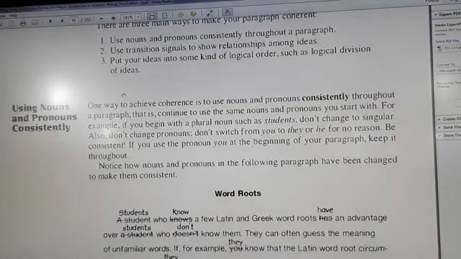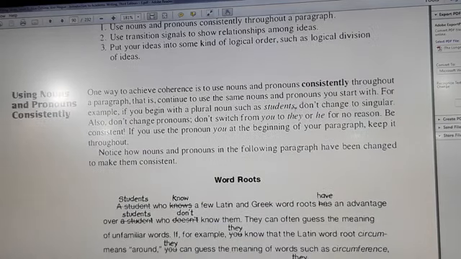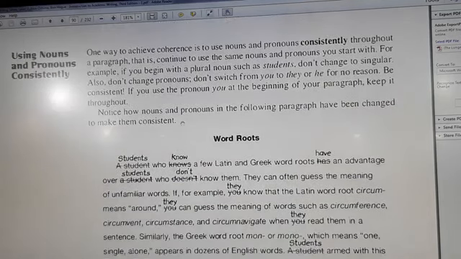Look here, we say that when nouns and pronouns are used consistently throughout the paragraph, it will make it a string of ideas without any interruption for the reader to think about things heavily.